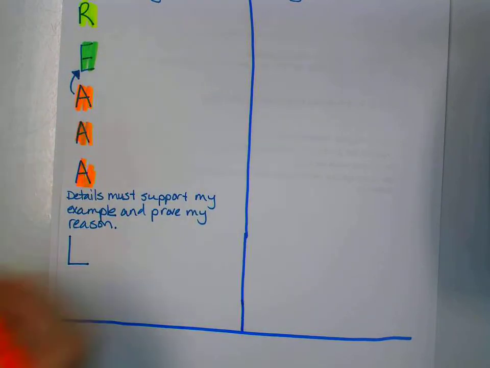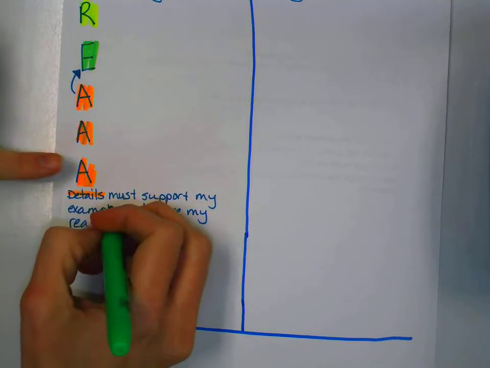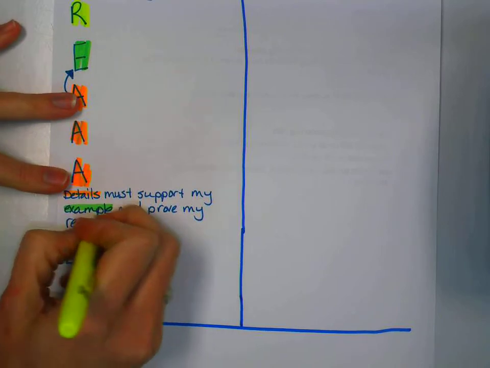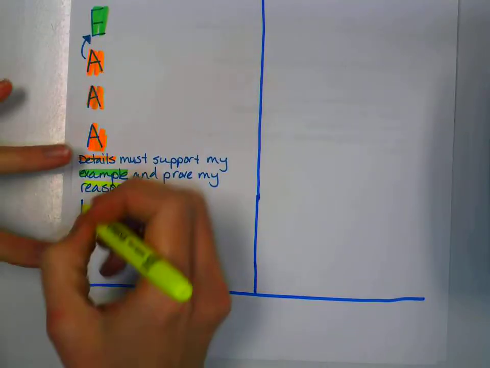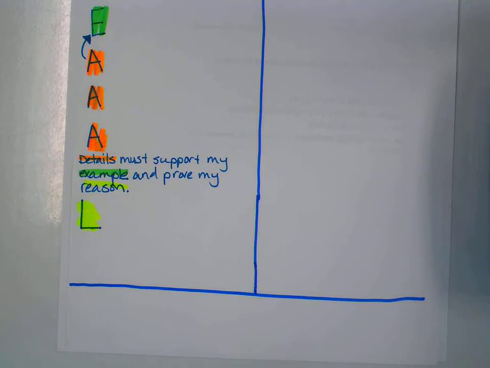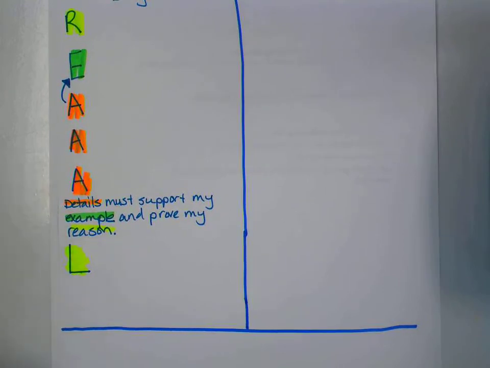My details must support my example and they must prove my reason. Okay? And then I have my link sentence where it's going to link it back to my reason. Okay? So, remember, these don't have to be complete sentences. They can be notes that are going to help you write your rough draft.